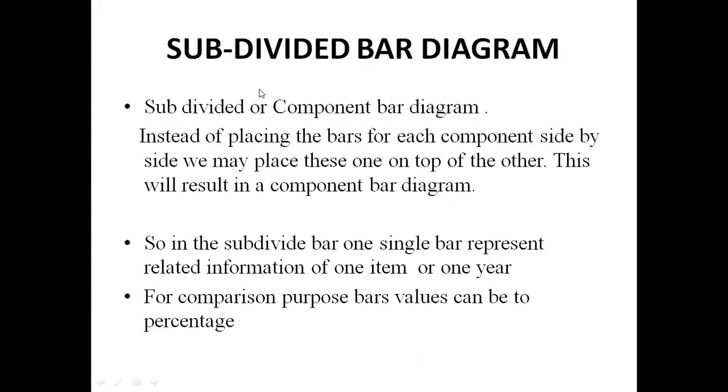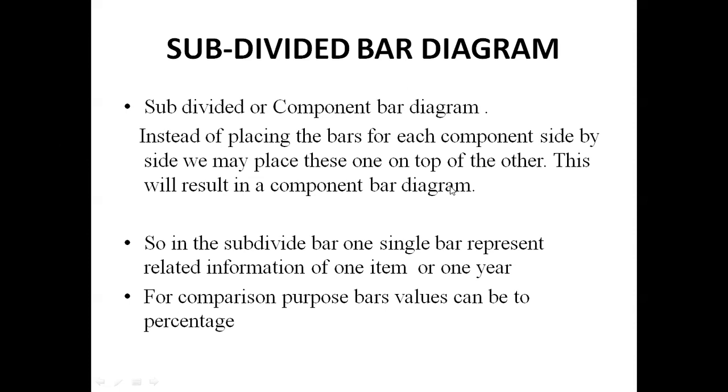So what is a subdivided bar diagram? A subdivided bar diagram is also called a component bar diagram. Instead of placing the bars for each component or each variable side by side, we may place them one on the top of the other. This will result in the component bar diagram.